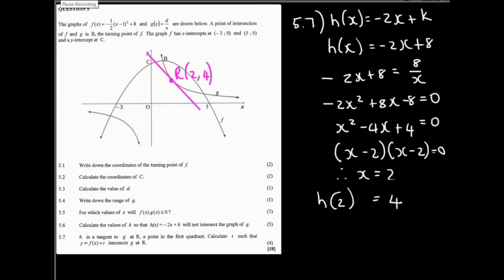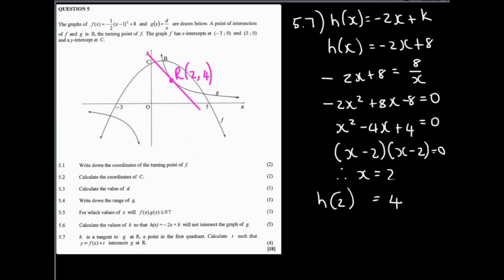Now 5.7 goes on to say that h is a tangent to g at r, a point in the first quadrant. Calculate t such that y is equal to f(x) plus t intersects at r. What does this mean? Is that now they are looking for that point of intersection. So we have h(x) is equal to negative 2x plus k, but remember we found out those points of intersection.